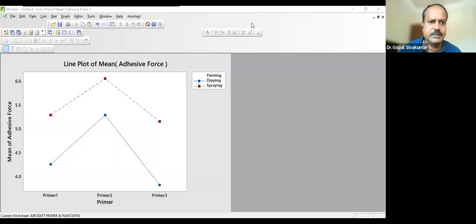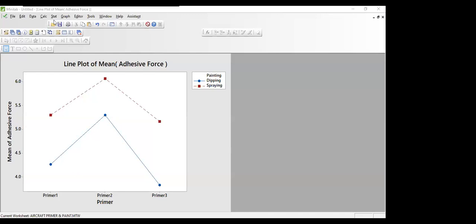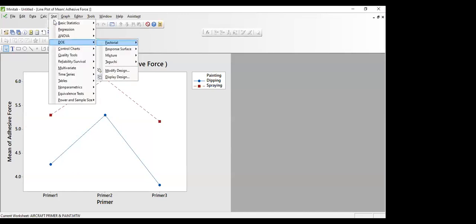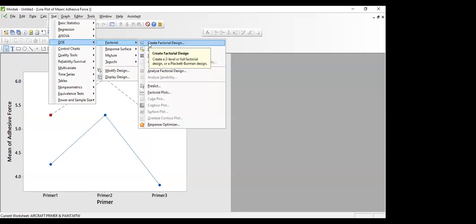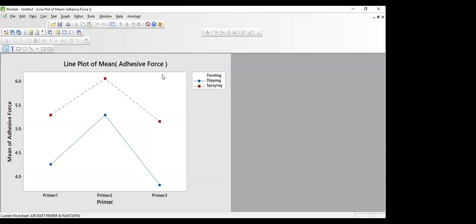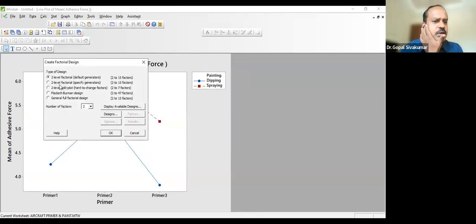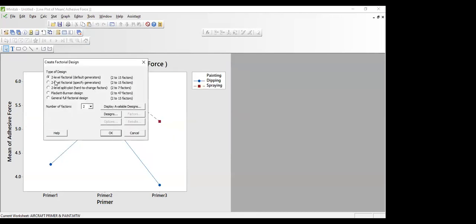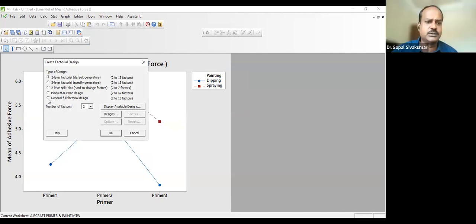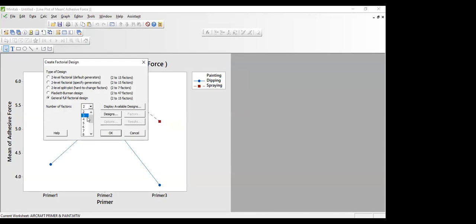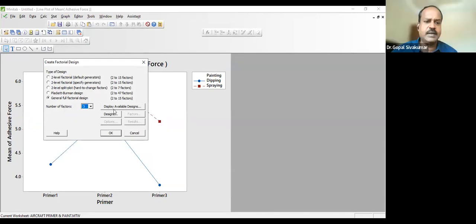See here, I'm sharing Minitab. Go to Stat, go to DOE, Factorial. Can you see something called Create Factorial Design? Click that. This is for 2-level factorial, and we choose general full factorial. Number of factors 3.